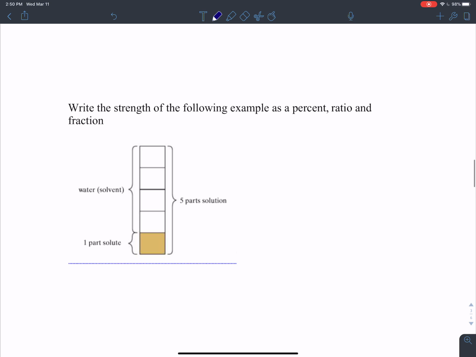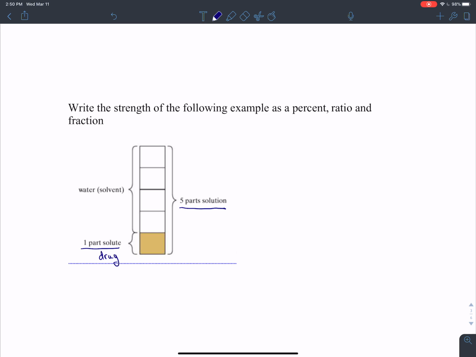If we look at another example, we're asked to write the strength as a percent, ratio, and fraction. If we look at this, we see that there's 5 parts solution and 1 part solute. That solute would be the drug. And they tell us that the water, the solvent, makes up the other 4 parts.